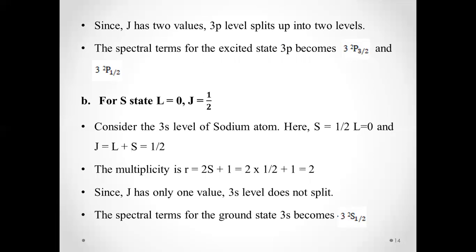The multiplicity factor is 2S plus 1, which is equal to 2 into 1/2 plus 1, which is equal to 2. Since J has only one value, the 3s level does not split. The spectral term for the ground state 3s becomes only 3s 1/2.